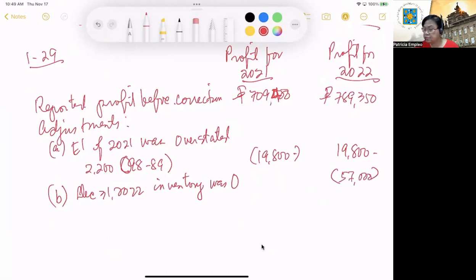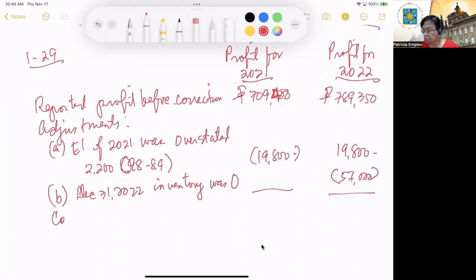But because this error took place at the end of 2022, it would not have any effect on profit in the year 2021. Therefore, computing, we have 709,400 minus 19,800.